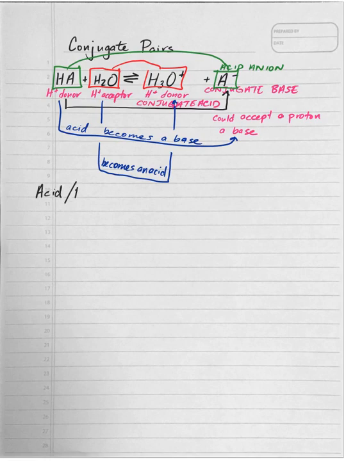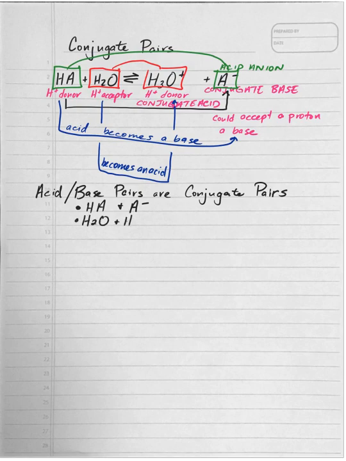So acid-base pairs, like the ones we established above, are conjugate pairs. They consist of HA and A minus, or H2O and H3O plus in the case of our reaction above. What this really means is it consists of an acid and conjugate base, or a base and a conjugate acid.